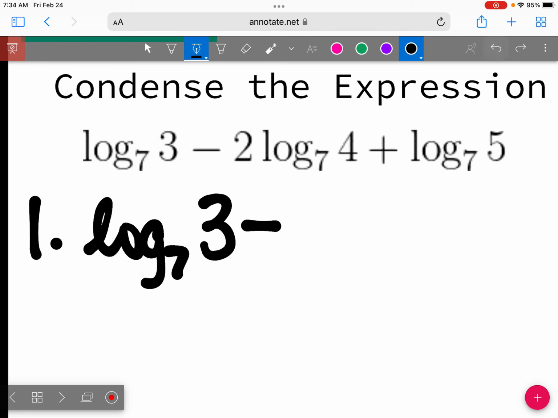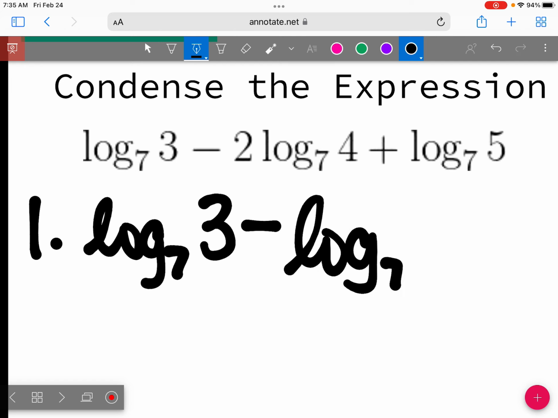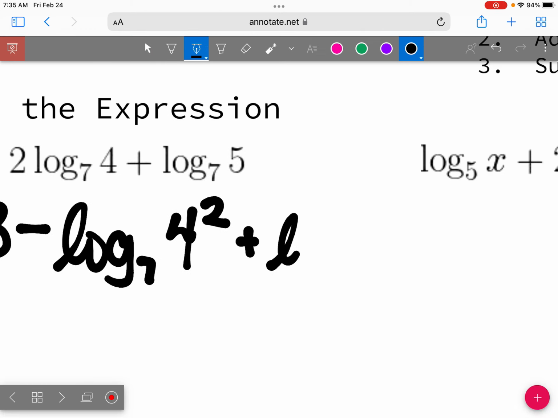What's that middle piece become? Yep, 2 becomes the power. So we get log base 7 of 4 squared, which we all know we could write as an actual number if we wanted to. But right now, let's just leave it as 4 squared. Okay? What is 4 squared, though? 16. So you could write that as 16 if you wanted to, but I'll leave it like that for right now. Okay? And then do we have a multiplier on that last piece? No. So log base 7 of 5.